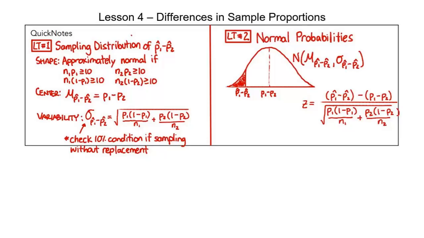The center will be P1 minus P2. The variability, the standard deviation: you have to check the 10% condition for both of these groups individually. Check 10% condition for POP1, check 10% condition for POP2. If they both pass the 10% condition, then you can use this formula for calculating standard deviation.